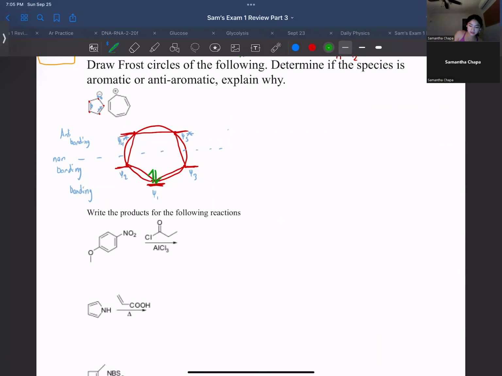That's 2 of my pi electrons. 3, 4, 5, 6. Okay. So my bonding orbitals are completely filled, and that is why here we are aromatic.